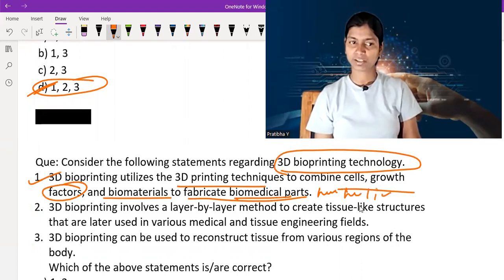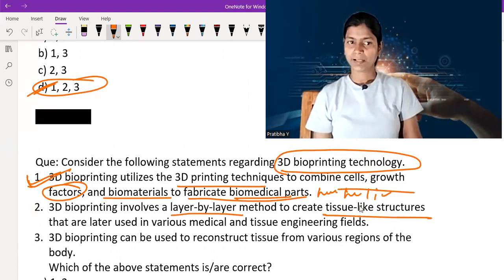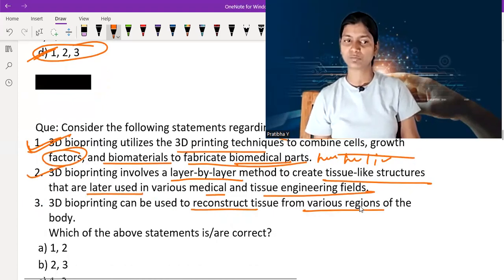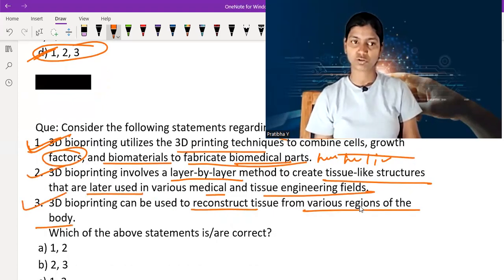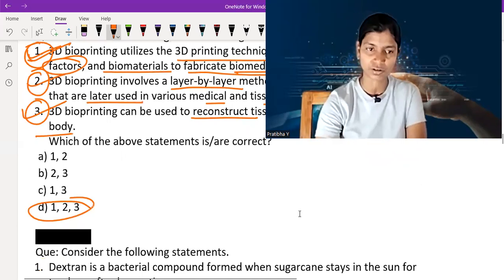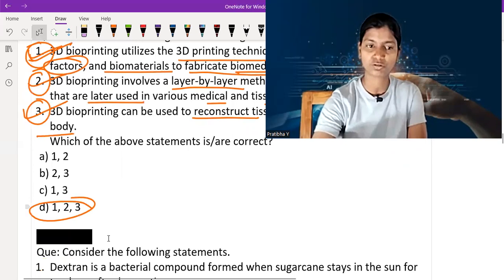Bioprinting involves layer-by-layer deposition of tissue-like structures that are later used in various medical and tissue engineering applications. 3D bioprinting can be used to reconstruct various tissues. This one is also correct. So statement 1 is correct, statement 2 is correct. That means option D is correct. Just check we are on the right one. So option D is correct. Now let's move to the next question.